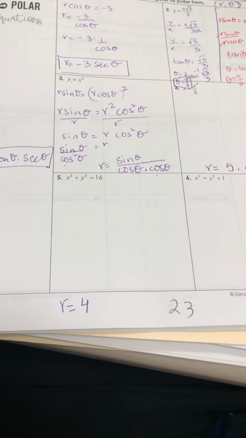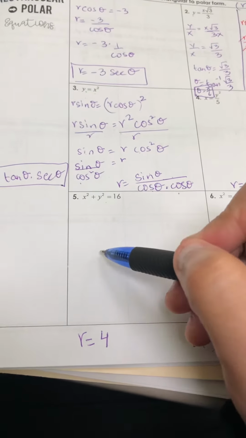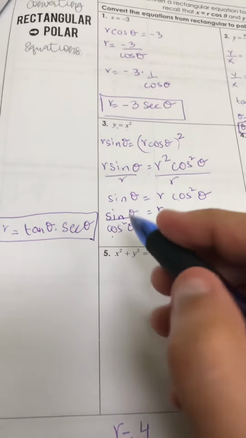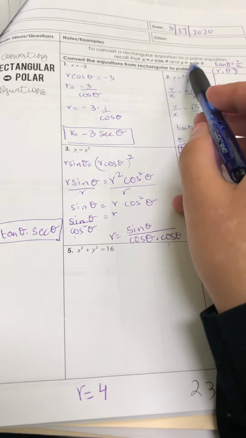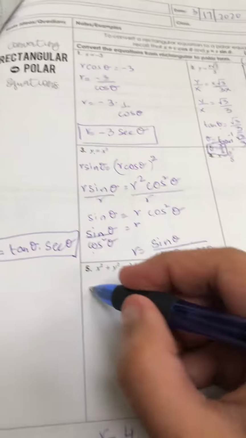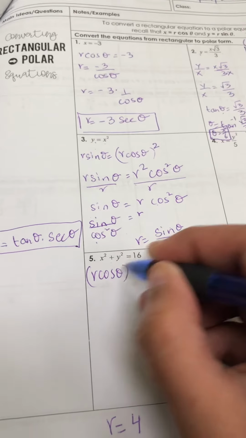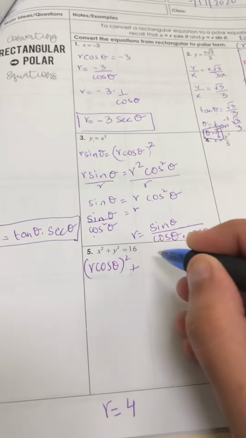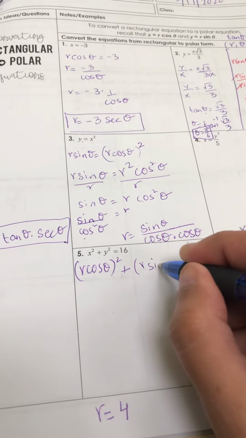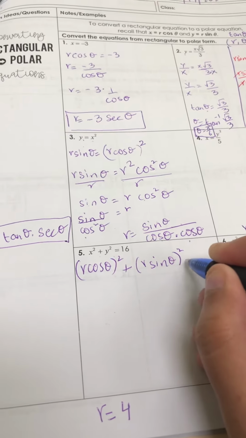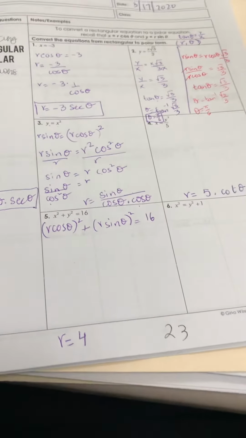I know my answer from now, but let's do it algebraically. I'm going to replace x with r cos theta and y with r sine theta. So it would be r cos theta whole squared plus r sine theta whole squared equals 16.